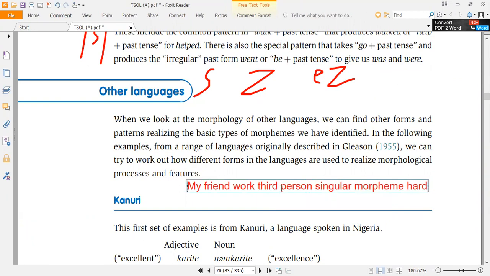No, sir. Why? Because this is the morpheme, third person singular morpheme, and you cannot write it here. Rather, you need to write the actual form of this morpheme, and the actual form right here is s. Are you getting me?